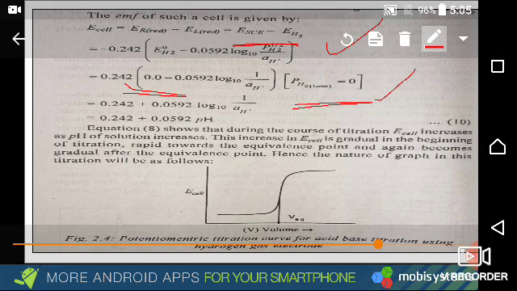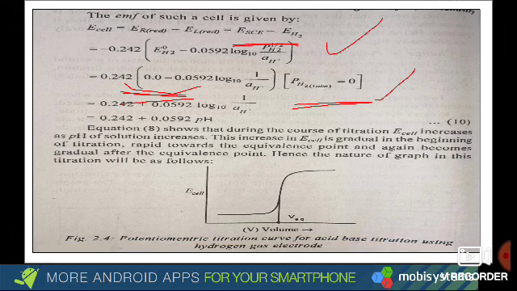So this 0 is written over here. Now again we will solve the bracket. What you will get now, 0.242 into 0, that again becomes 0. Now you have to multiply by the next value, 0.0592, minus log to the base 10 of 1 upon A H plus. Here A H plus is the activity, so the denominator becomes 1, as it is the hydrogen gas.